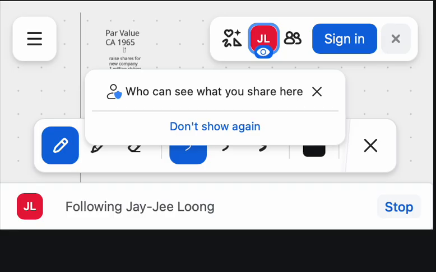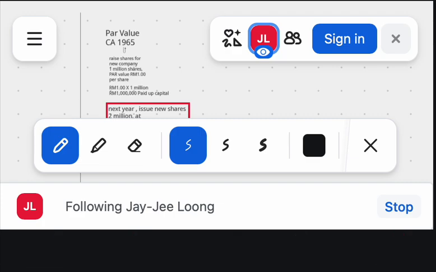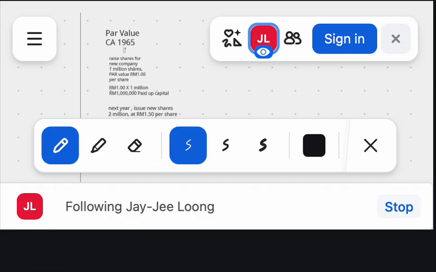Next, let's say next year, Perry and Asmita, they issue new shares. It's 2 million at 1.50 per share. Based on this information, Perry and Asmita, is this 1.50 at par, premium, or discount? What do you think? That's right, Perry, it's a premium.